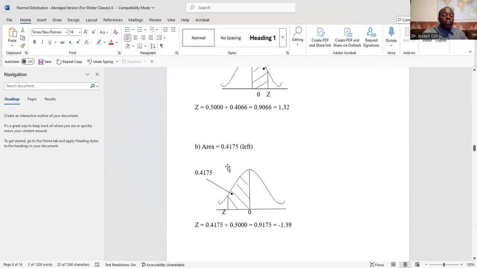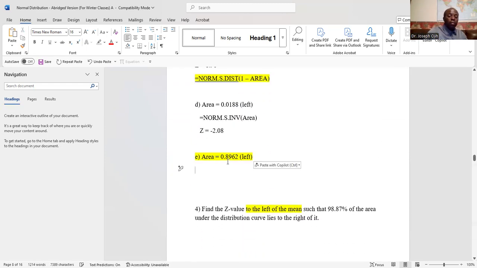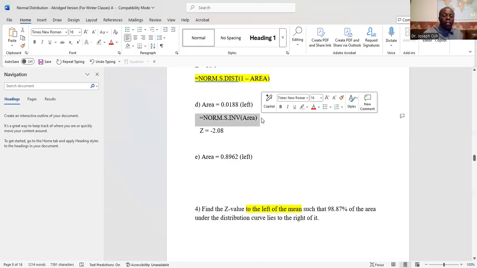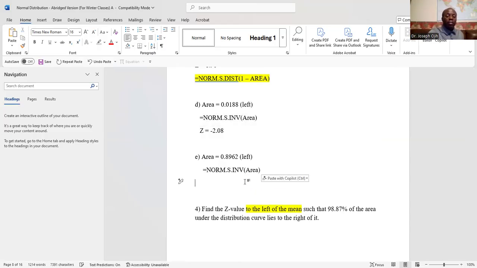Just follow the rule. It says A. I'll remove this yellow symbol. So in this case, it's on the left side. It's on the left, okay. So you use the same formula here. This formula right here. Just the answer will be negative. That's the only difference.